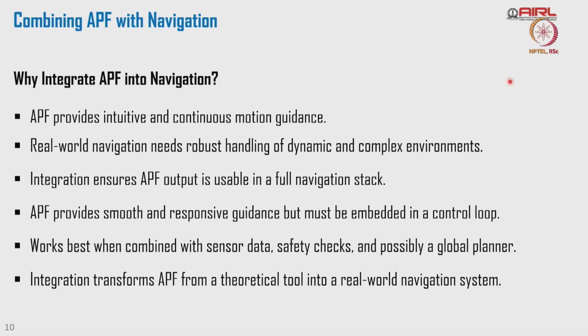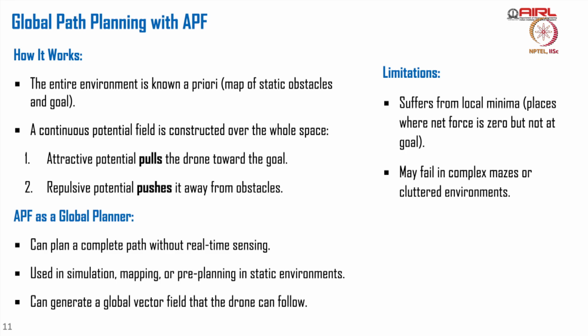The integration transforms artificial potential field from a theoretical tool into a full stack navigation for a drone, or even for other robots, in navigation in complex dynamic environments, right?